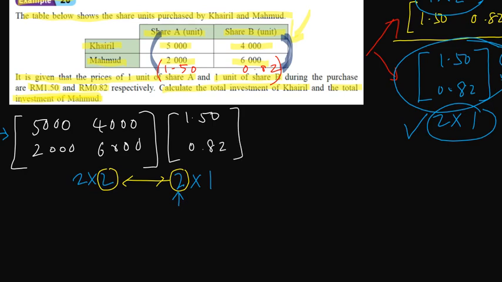Yeah, and then you will know what the product is. The order of the product is 2 by 1. So 2 by 1 should be like this. Okay, this is your final answer.